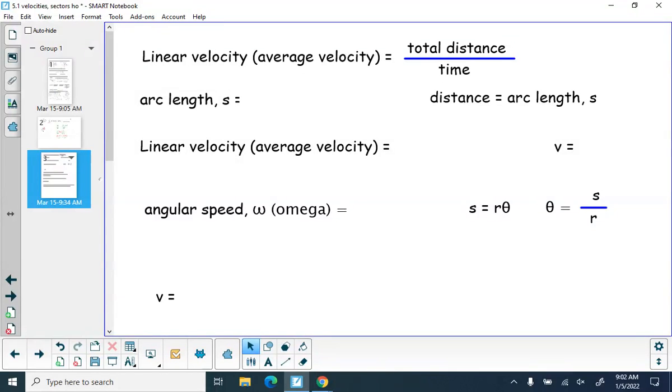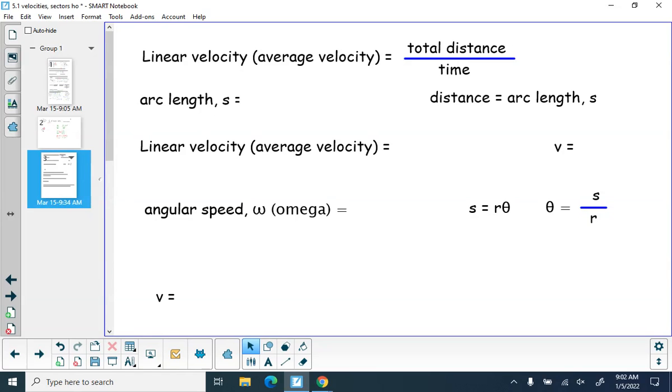If I run the 100-meter dash in 10 seconds, we have 100 divided by 10, which is 10 meters per second. Your average velocity is 10 meters per second. That's not your instantaneous velocity, because you start at 0, you have to accelerate past that to be able to get your average velocity at 10 meters per second.